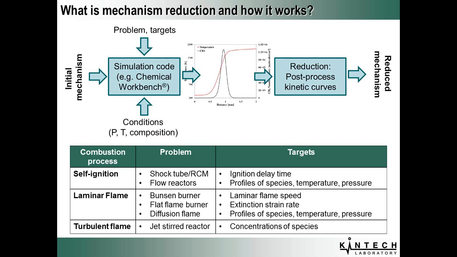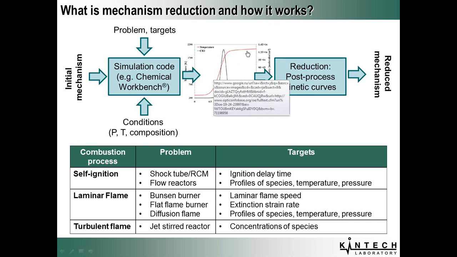And the output of this code is just kinetic curves of the process. For example, it can be the temperature profile and species profiles in a homogeneous ignition problem or laminar flame problem or flow reactor, if you consider some other types of applications.